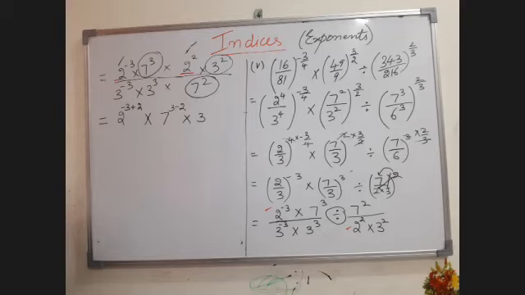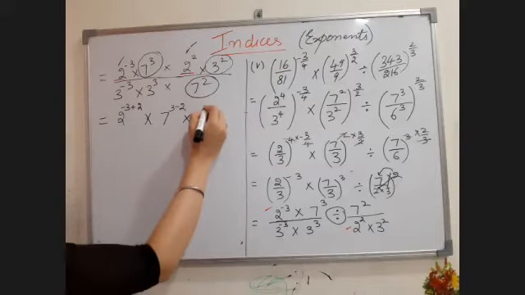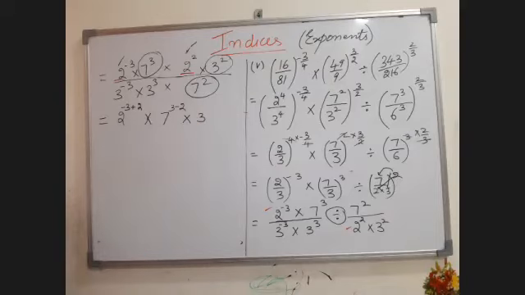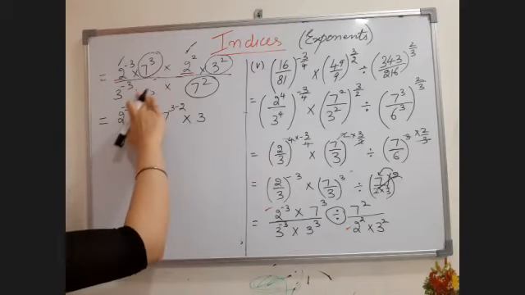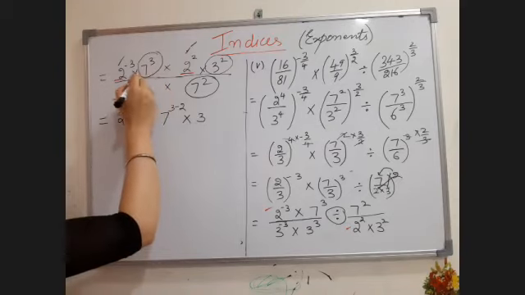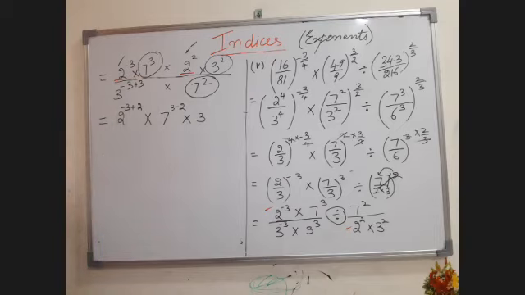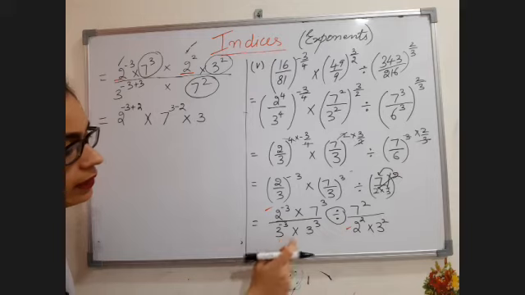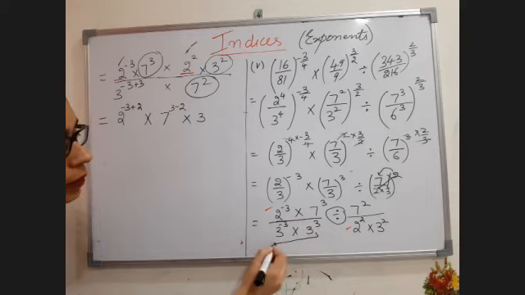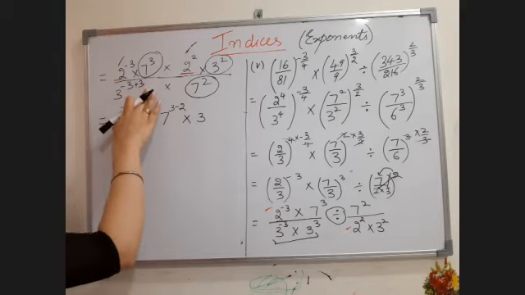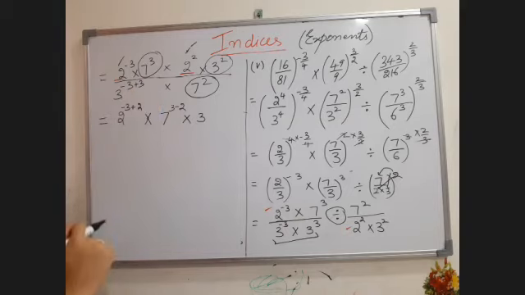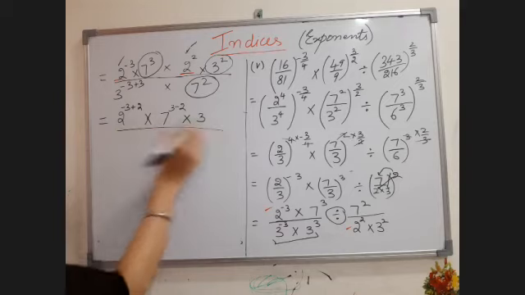Yes, first we can solve the denominator, that also we can do. So product rule here we can apply. Here itself 3 to the power minus 3 and 3, so we can apply product rule. So minus 3 plus 3, so 3 to the power 0.